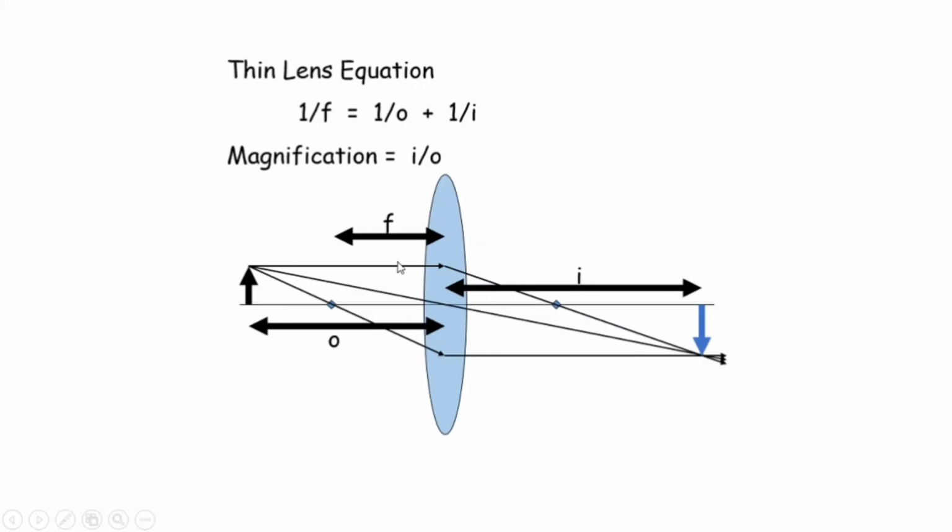All distances are shown here. The distance from this principal axis of the lens system is the focal length of the lens. From this same point, the vertical axis, to the object is the object distance, and to the right side of the lens system is the image distance. Therefore the ratio of image distance to object distance is nothing but magnification.